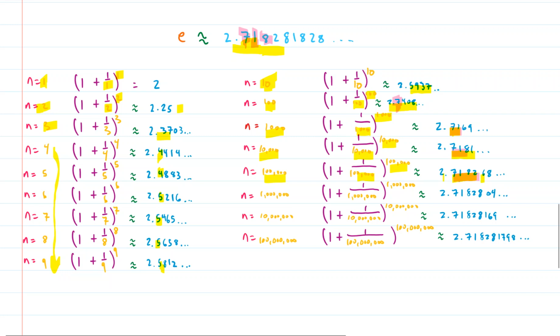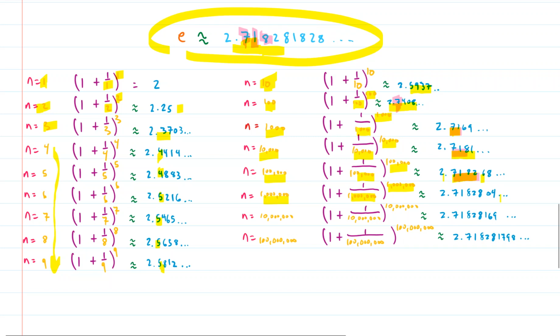How about a million? Let's try a million. You can see that the bigger the number is, the more digits of accuracy we have, the more correct digits we have. And we get closer and closer to this number, which we call e. So how many digits do we have here? 2.71828.